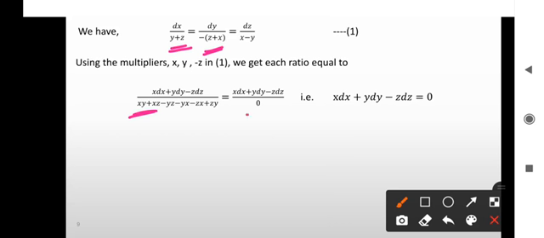Here also we get denominator 0, so we can write numerator equal to 0.